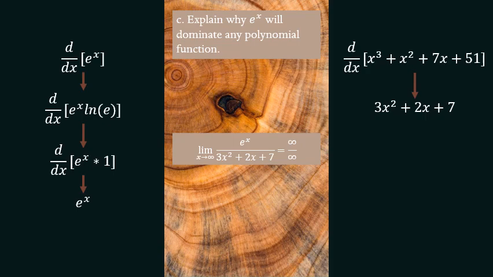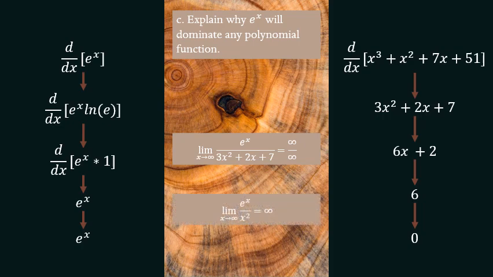A polynomial function, on the other hand, will be reduced a little bit every time we calculate the next derivative. So at the first level, every exponent loses 1, every multiple becomes a constant, and every constant just disappears. That means that no matter how big and complex the polynomial, it will eventually reduce to 0. And the e to the x will not. So e to the x will always dominate a polynomial function.